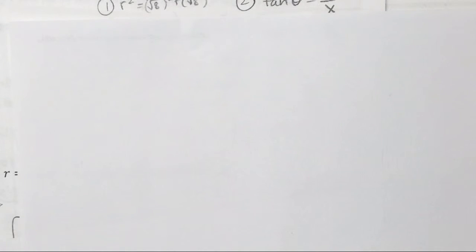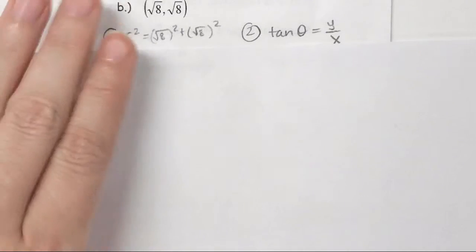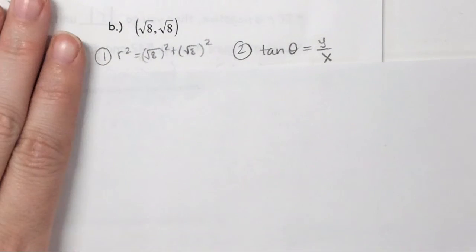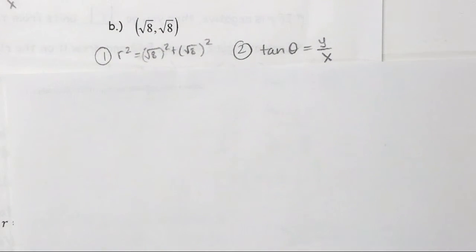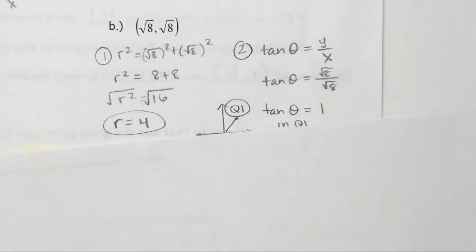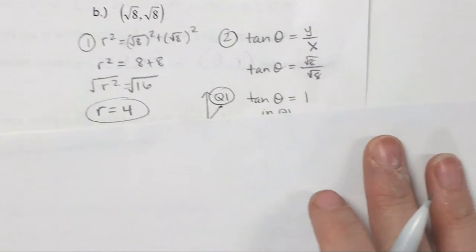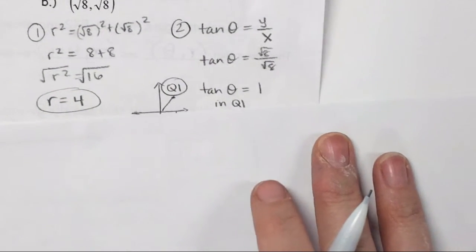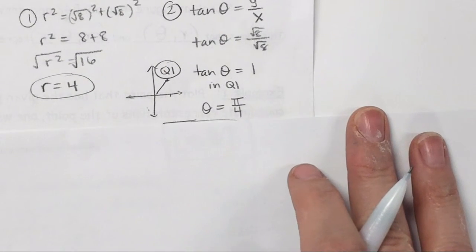Okay, so we're going to have the root 8 squared plus root 8 squared. And when you square both of them, what is the square root of 8 squared? Okay, good. So then 8 plus 8 is going to be, yep, good. And then you're going to square both sides. Good, okay. Now, when you're doing the tangent, what happens when you get the square root of 8 divided by itself?